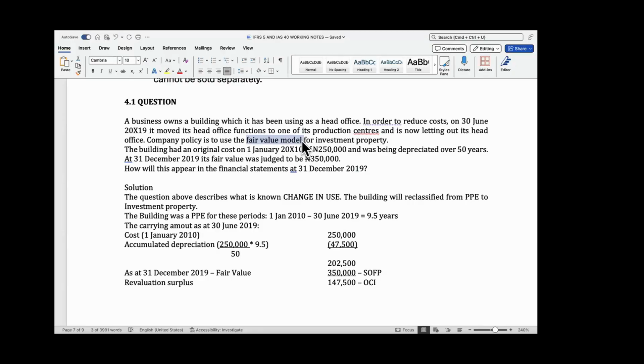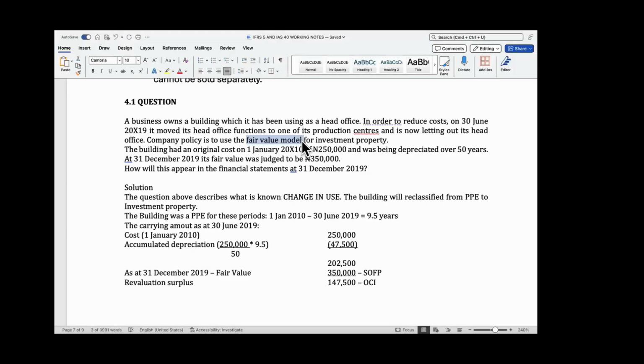And the first remeasurement, even if you did not remeasure it until after 1 year, whenever that first surplus arises after it becomes a new class of assets, you have to treat that surplus based on the old use.